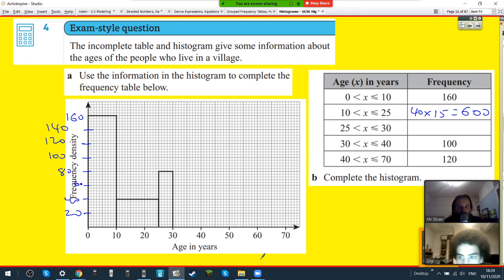So the third one would be 80 times 5, which is 400. No. This one here, the area is 160. So what would the height be?